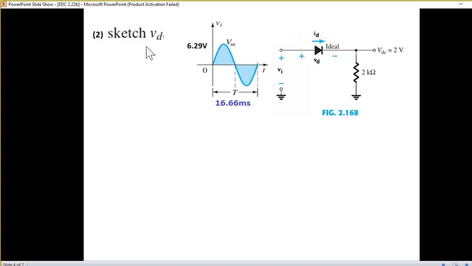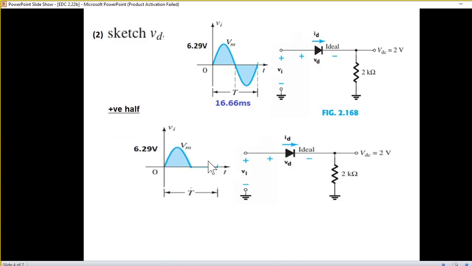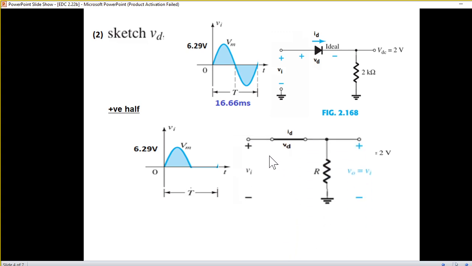Next, we'll sketch VD, that is the voltage across the diode. And we are just taking one cycle. From here, we'll take the positive half cycle first. Positive half cycle means this is positive, this is negative, which will make the diode forward biased. And because the diode is ideal, it will be represented by a short circuit. So this will be the diagram, and we need to sketch VD.